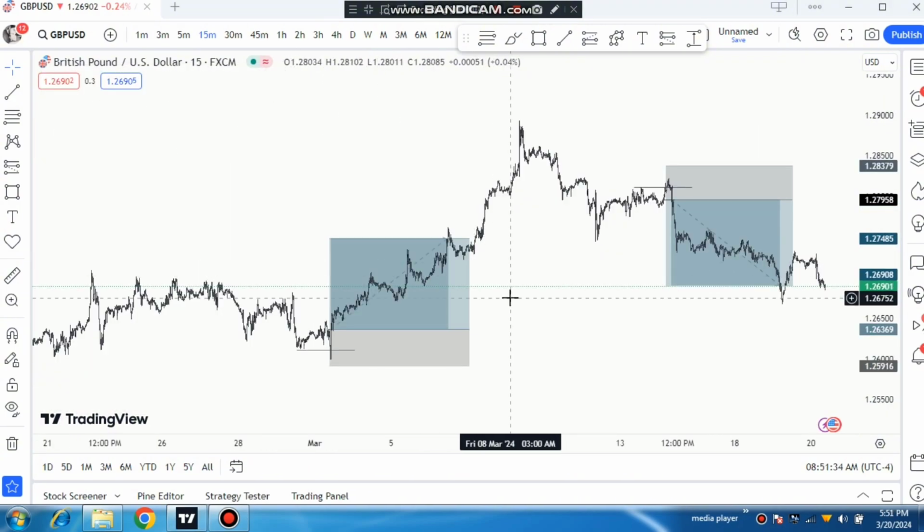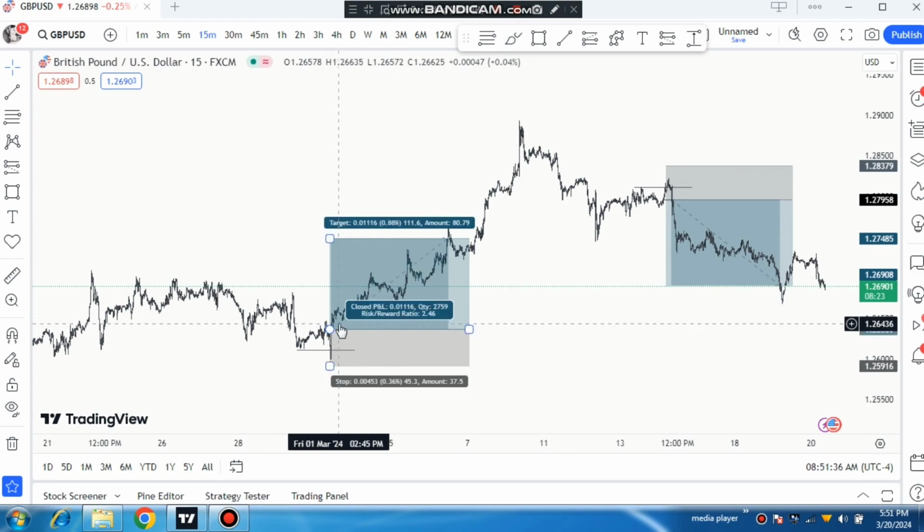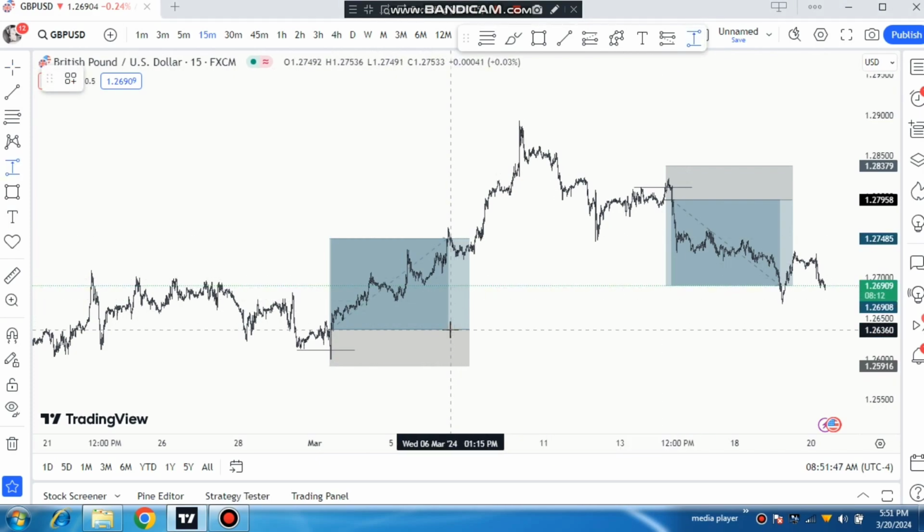So this is how the strategy works. The RR is pretty much awesome. You can see the stop loss is tighter as compared to the target. The target is awesome. Let me show you.